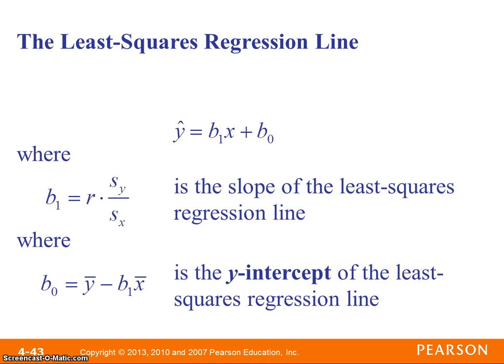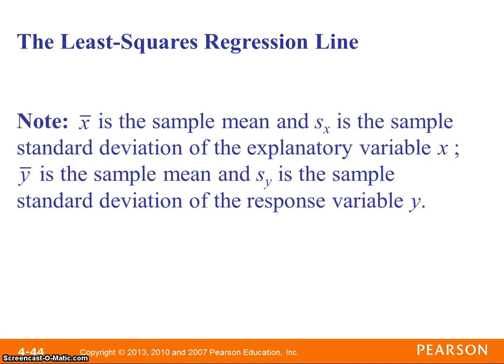Legendre, incidentally, was one of the people that came up with the least squares regression line, in addition to the mathematician Gauss. And then the y-intercept, b sub 0, is the average of the y coordinates minus the b1 we just calculated times the average value of the x coordinates. And that's the y-intercept of the line.